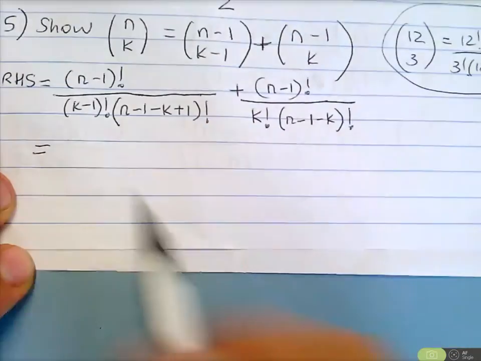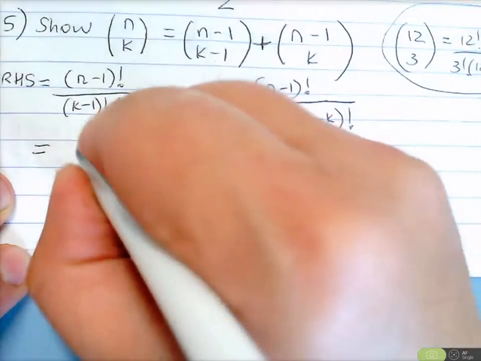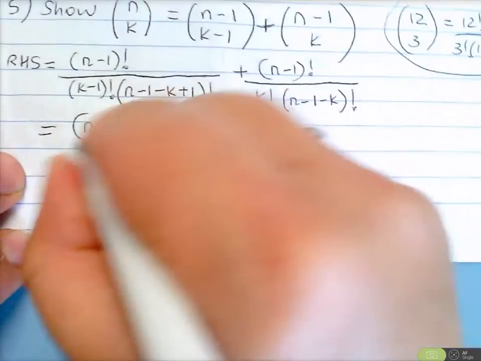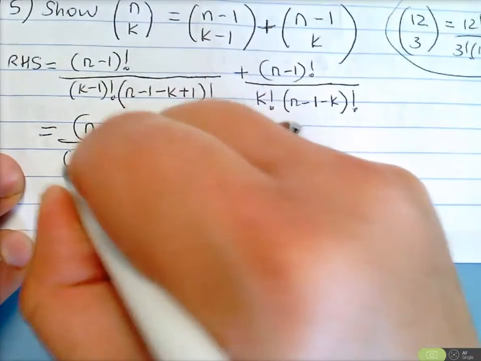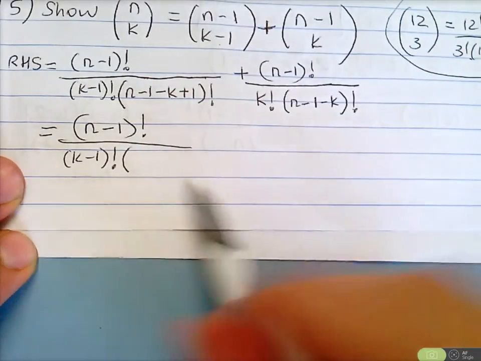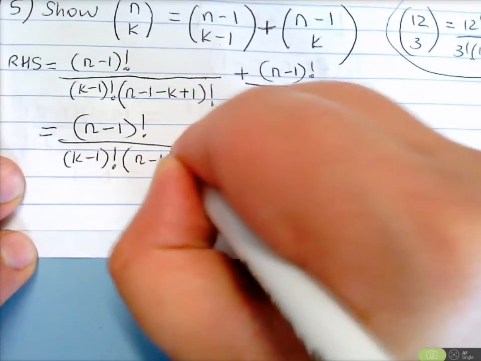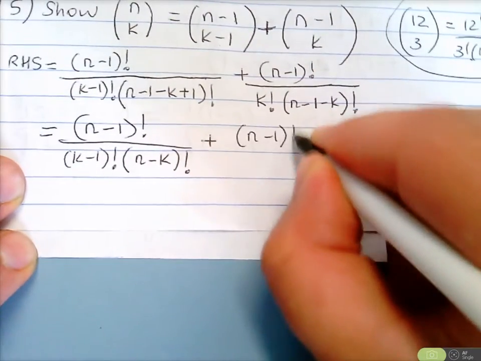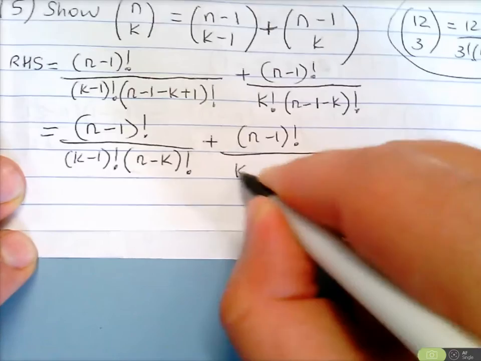Now, before we go common denominators, we better simplify the first one. n minus 1 factorial over k minus 1 factorial times n minus k factorial, plus n minus 1 factorial over k factorial.